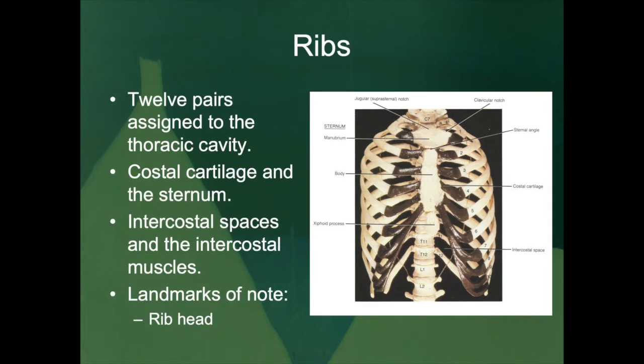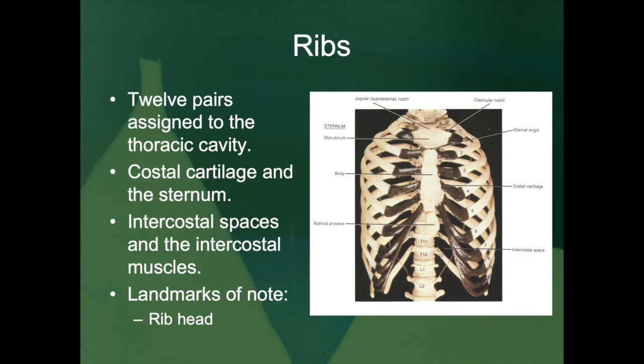Let's take a look now at the ribs themselves before we get to the scapula. We recognize in the human form 12 pairs of ribs. They make up the sides of the thoracic cavity. The ribs will increase in length from the 1st through the 7th, and then they will begin to decrease in length as you move toward the 12th rib.